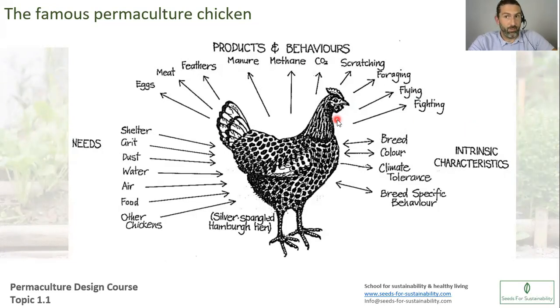The chicken, for example, needs shelter, grit, dust, water, air, food, also other chickens. But it also produces eggs, meat, feathers, manure, methane, CO2. Behaviors: it scratches, it forages, it flies, it fights. And what's intrinsic? Maybe the breeding characteristic, the color, climate tolerance, breed-specific behavior.